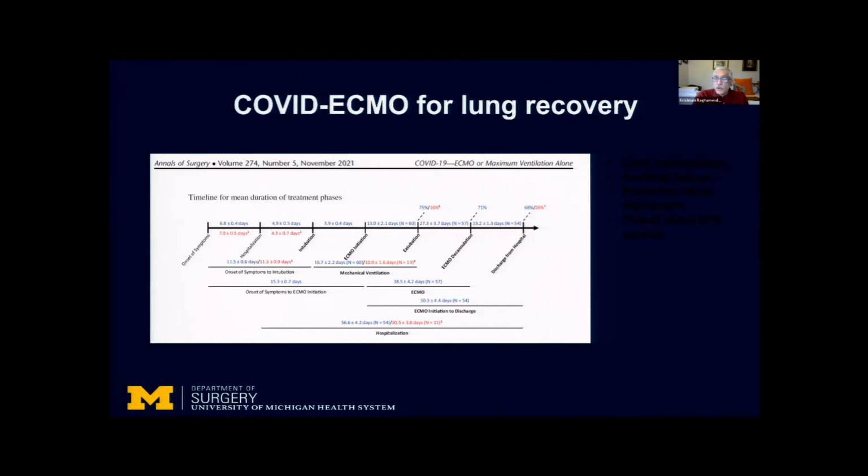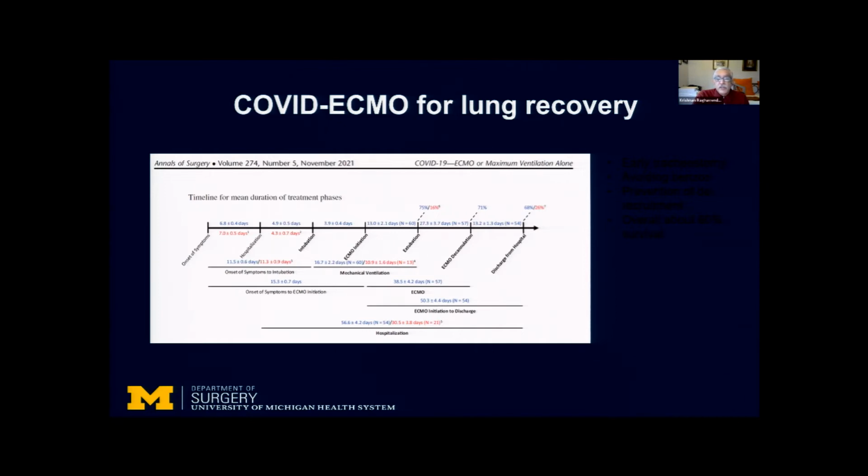So this is a new paper that just got published, and I'm sorry you're not able to see the writing on my right, but this paper just got published in November 2021.